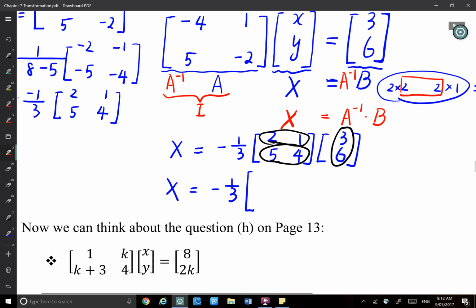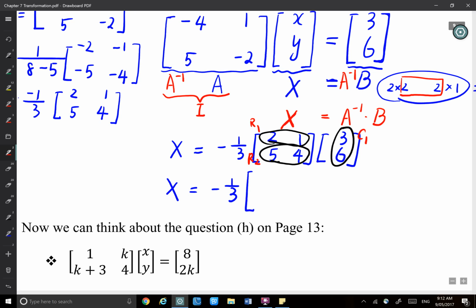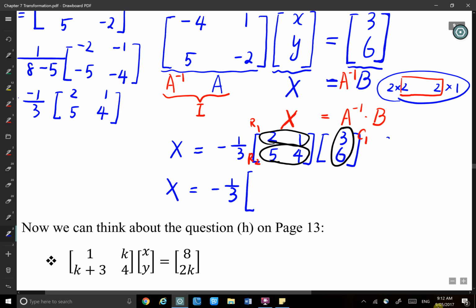So let's have a look. That's row 1 and row 2, and you have only one column, column 1. So row 1, column 1 is 2 times 3 plus 1 times 6, which is 6 plus 6, which is 12.